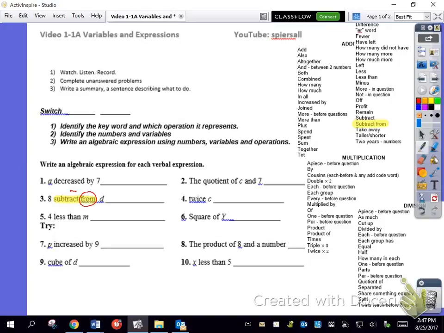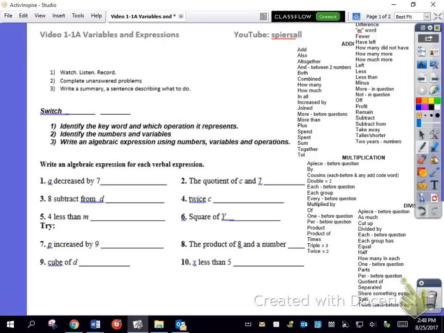Now remember, when it's from, you've got to switch the order. So I'm not going to go in the order it gives me. So instead of 8 going at the front, 8 is actually going to be at the back. Right? Instead of D being at the back, D is in the front. So it's minus in between, D minus 8. Anytime you see the word from or than, you're going to switch. Okay?